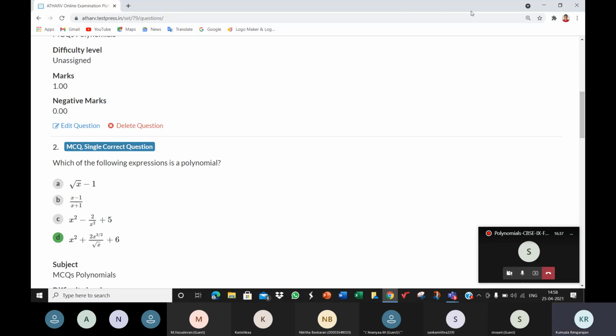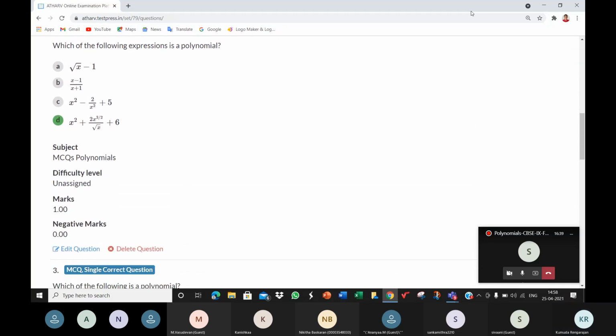Well, in option D, on simplifying, in the second term we have, in the denominator, root x, which is x to the power 1 by 2.